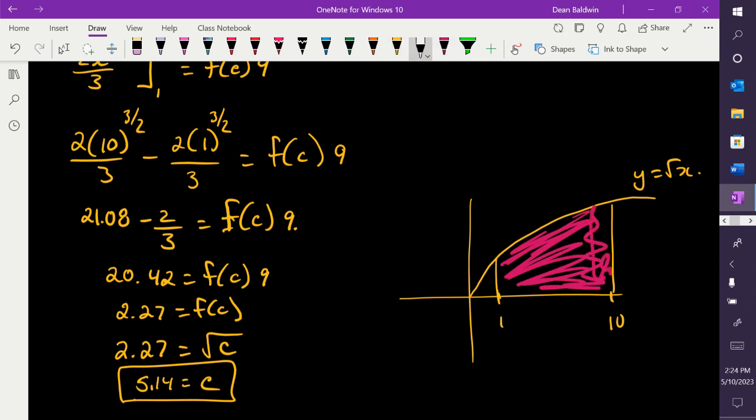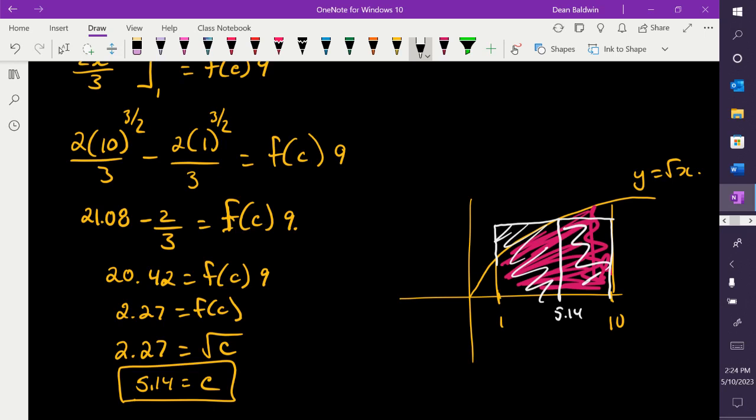At the value 5.14, which is just past halfway, if I take that value and make a rectangle based on that height, that area of the white will equal the area of the crimson, if you will. Does that make sense? That's what we did. Okay. And it sort of makes sense if I drew my graph better, you'd see it. But you can kind of see that this would be equal to this, if it was a better drawn graph.